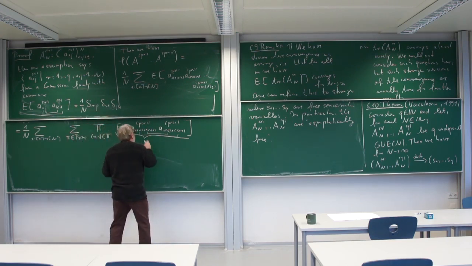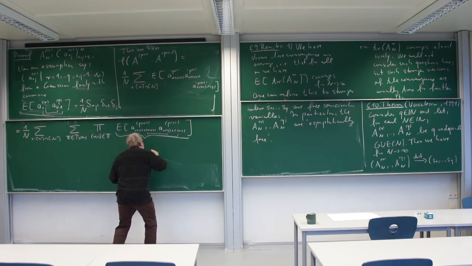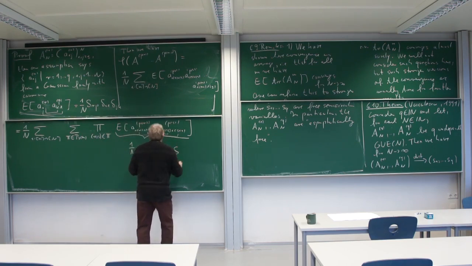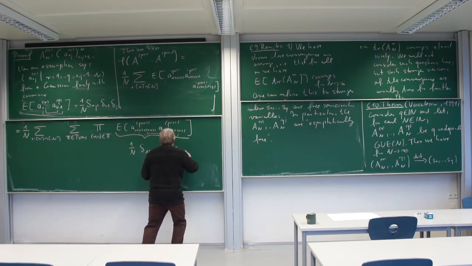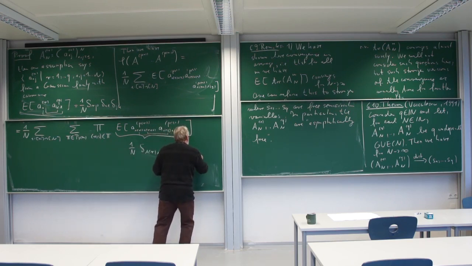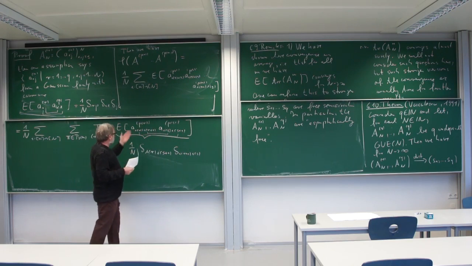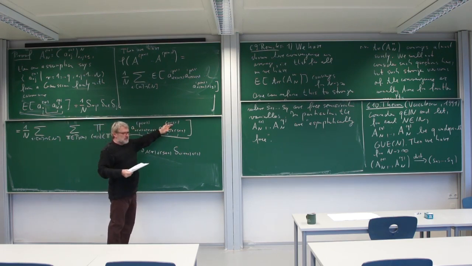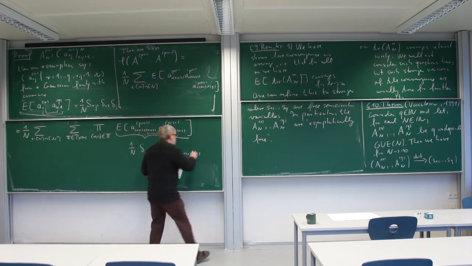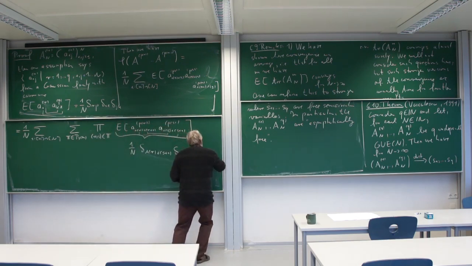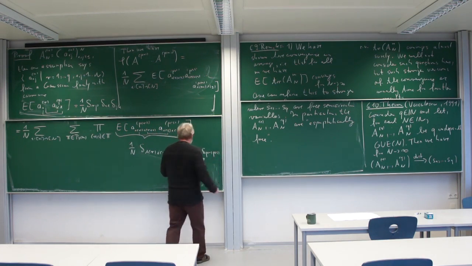So I need that delta of I of R should be the same as I of S plus 1, and here the same, delta of I of R plus 1 should be the same as I of S. And then I get the additional delta condition on the indices P, and this just tells me that this P of R should be the same as P of S. Delta P of R, P of S.